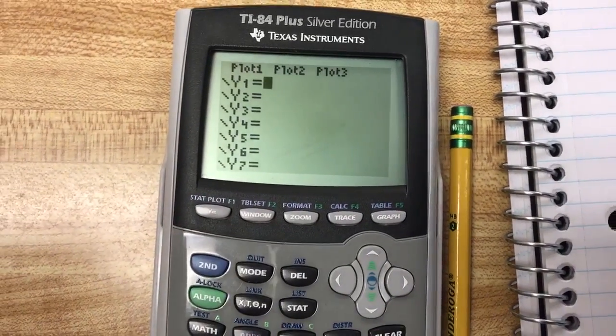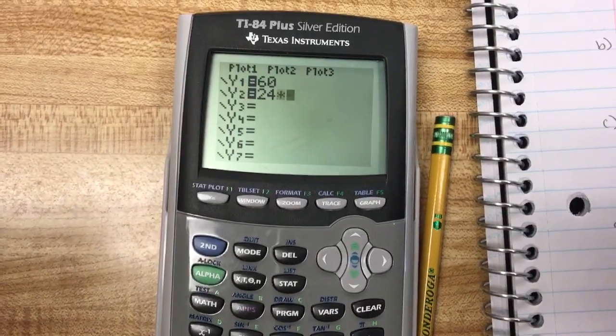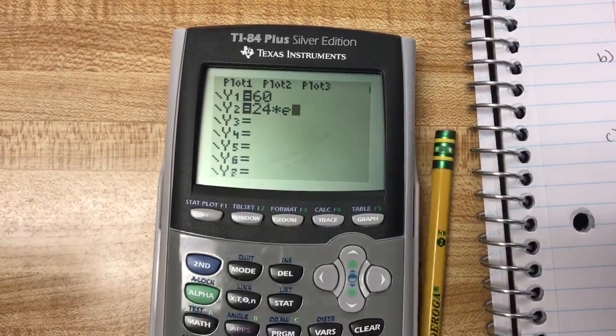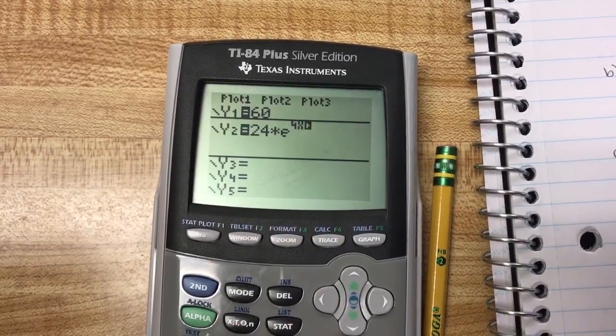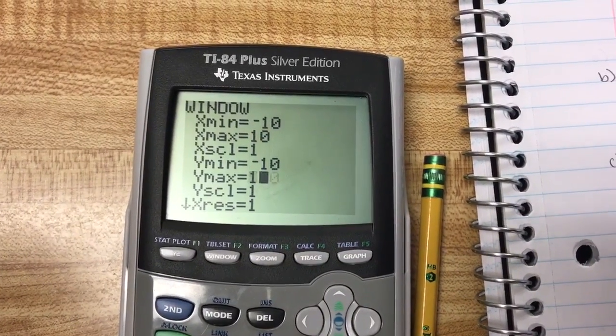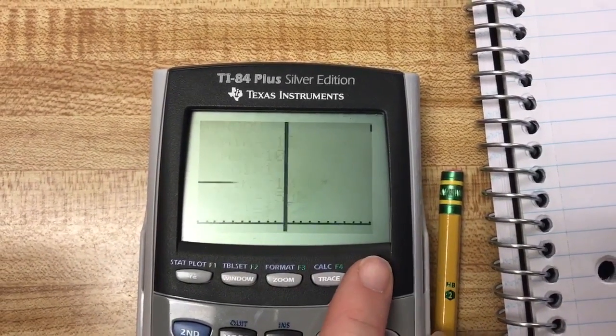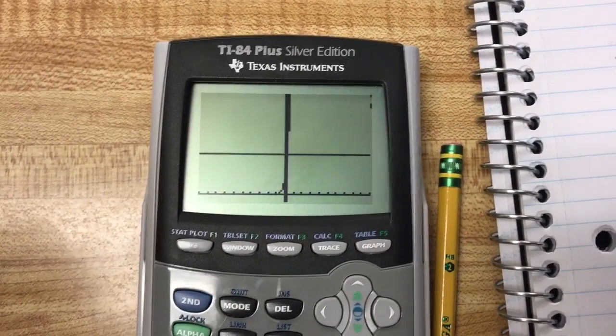In order to graph problem 6d, we're going to plug 60 in for y1, and then we're going to put 24 times e to the 4k in for y2. Then we're going to change our window to equal 150, and then graph.